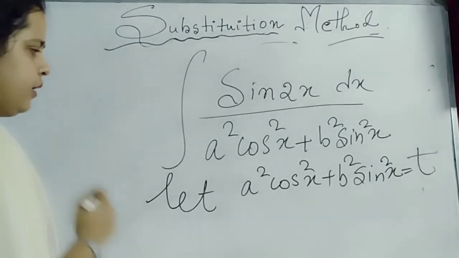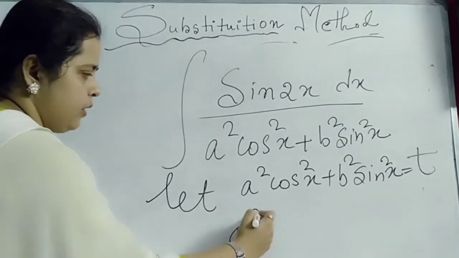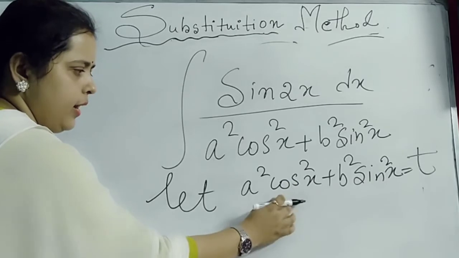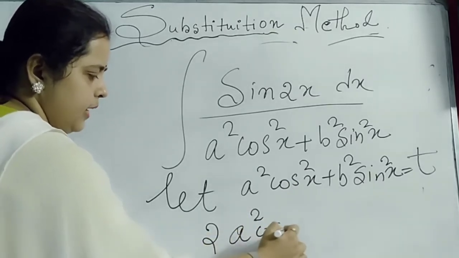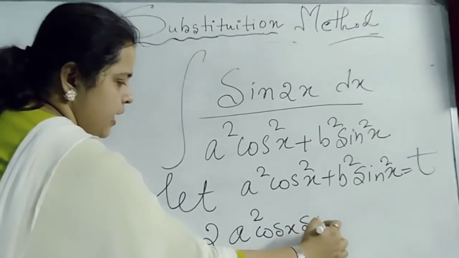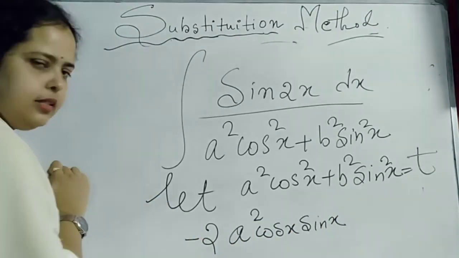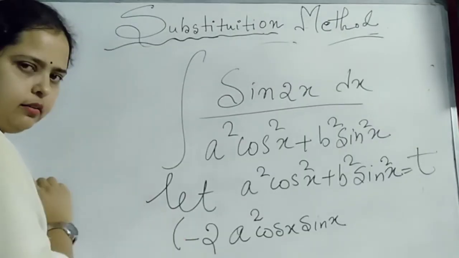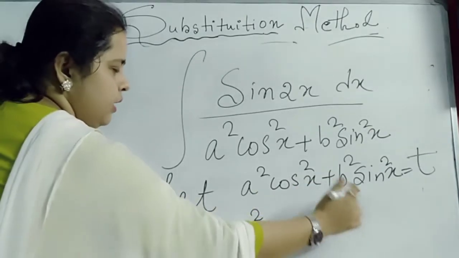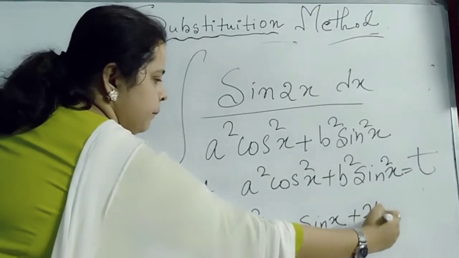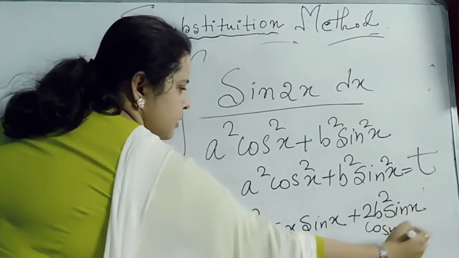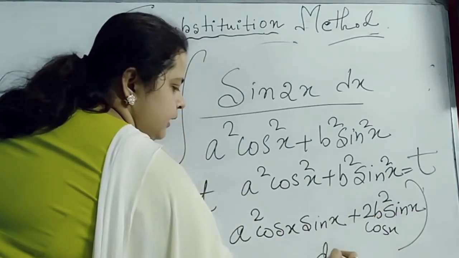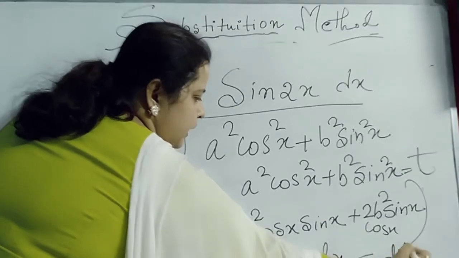Let us see that. So this is a squared, and the derivative of cos squared x I am going to write here as 2 cos x times minus sin x, but a minus has been put in the front. Okay. Now this one, 2 b squared sin x cos x, close it, a dx is equal to dt.